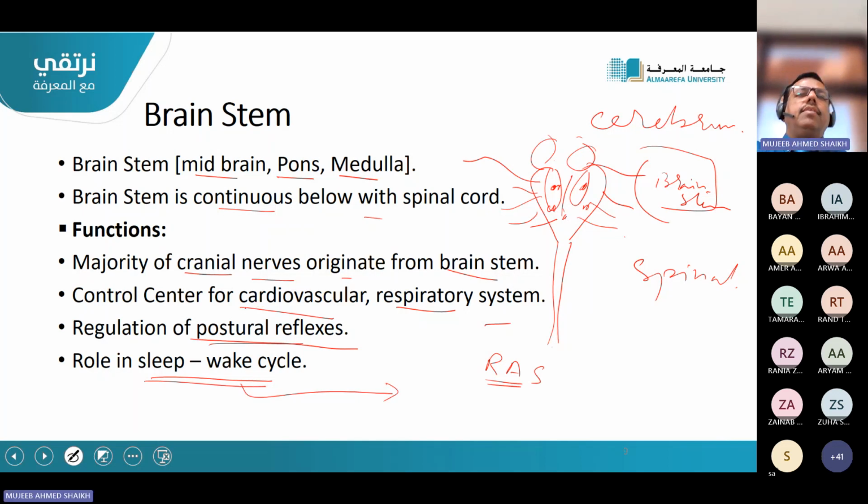When we become tired, we feel sleepy. When sleep is over, maybe after 6 or 7 hours, with a small sensation we can wake up. So the sleep wakeful cycle is nothing but the interaction of the neurons in the brain stem, also known as the reticular activating system. It is a function of the brain stem.